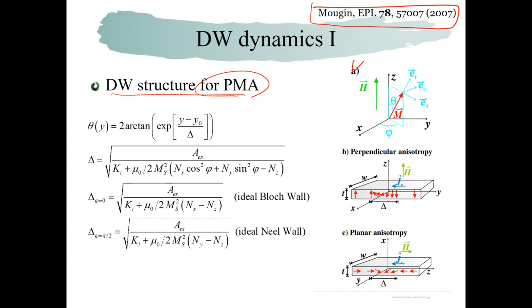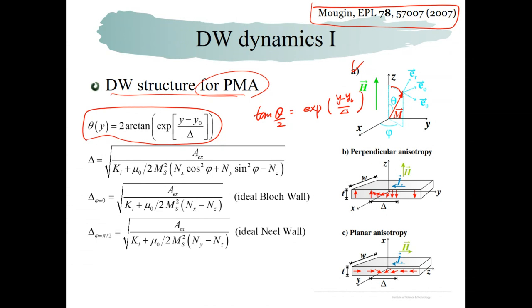Inside of the domain wall, we can define the direction of the magnetization by this equation. This equation means tangent theta over 2. Here theta is the angle from the z-axis. It's given by this form. Here y0 is the domain wall center.